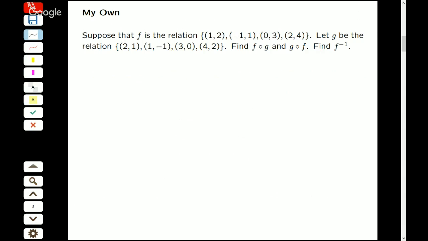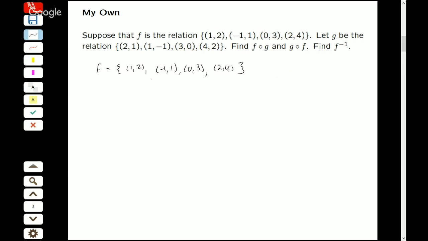So let's see why. Suppose you have the relation f is going to be, and I'm going to write it out, (1, 2), (-1, 1), (0, 3), (2, 4). This is also a function. Each x value only goes to one y value, so it's going to be a function.